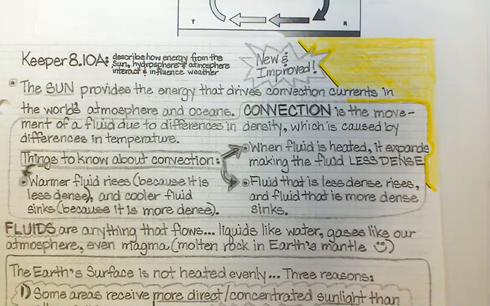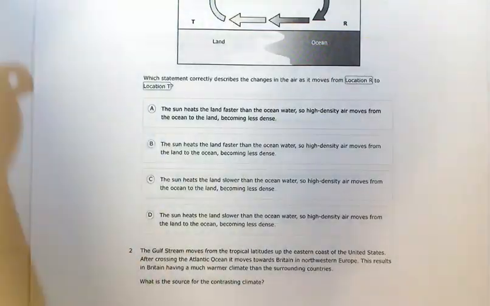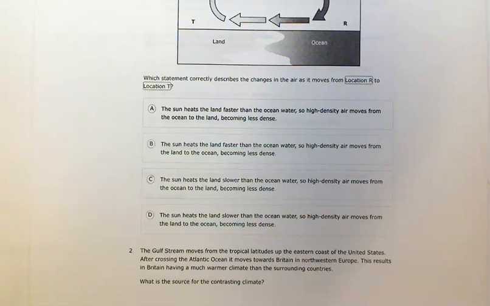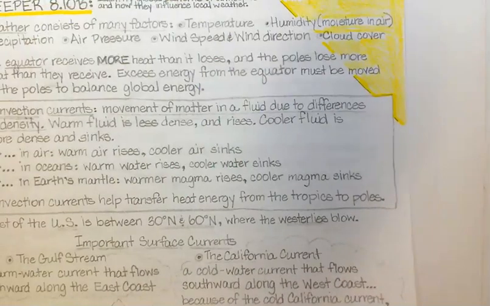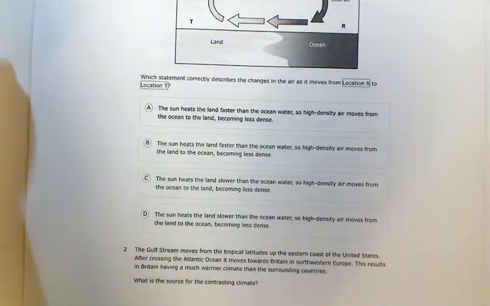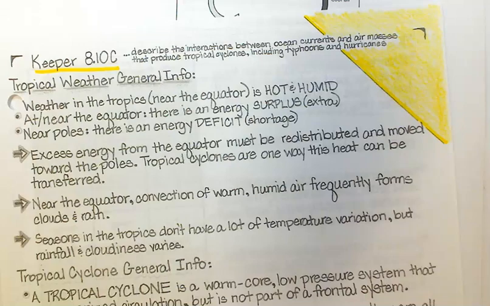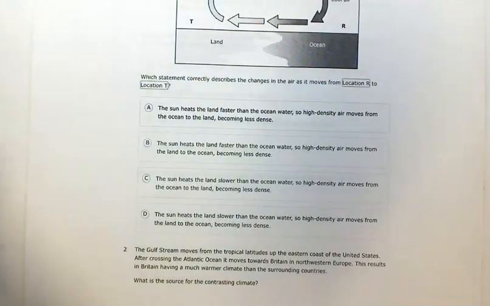You have Keeper 810A. You have Keeper 810B. And you have Keeper 810C. I think that between those papers, you should be able to find information that will help you answer questions.